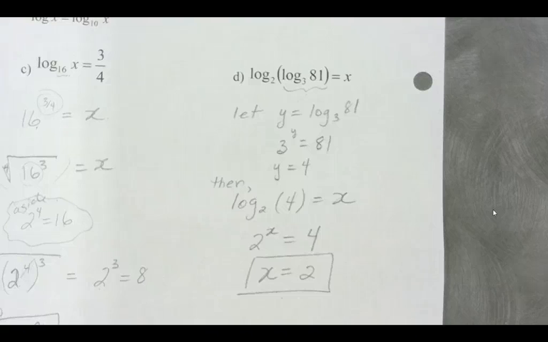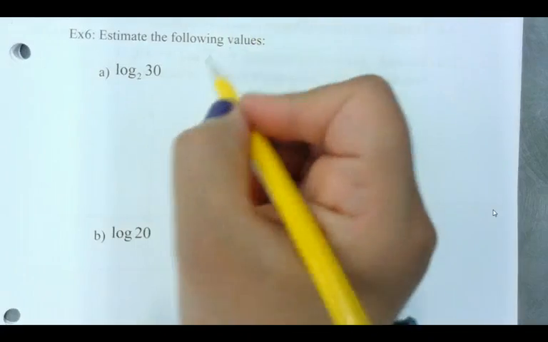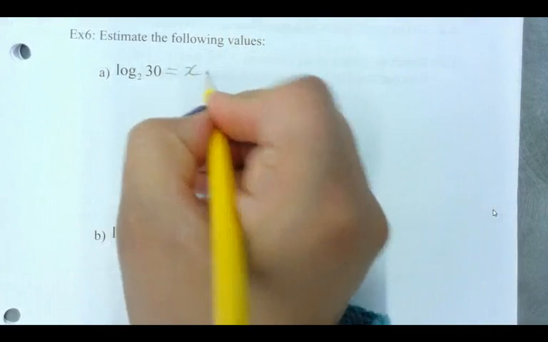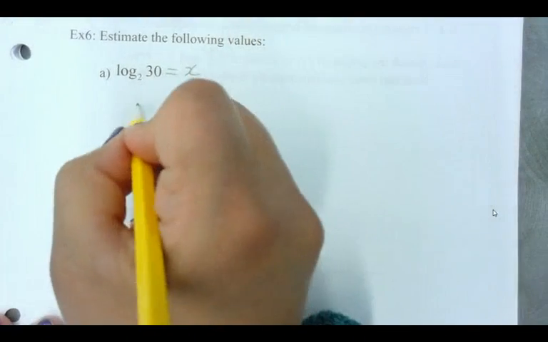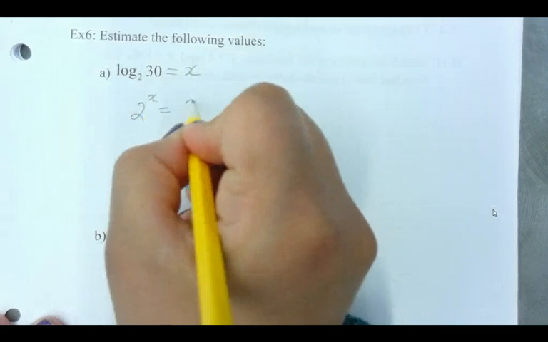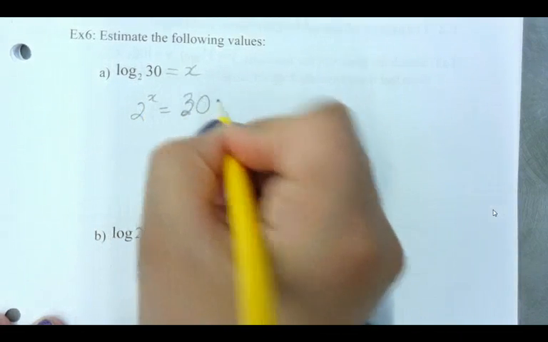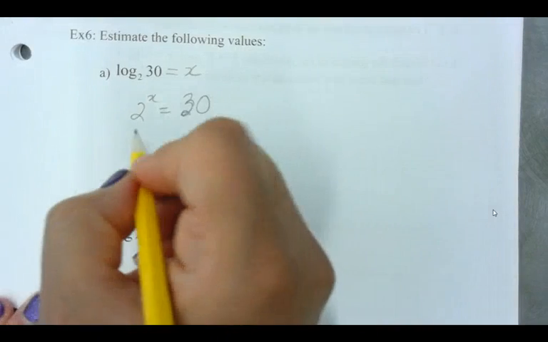All right, now for example 6, we're going to estimate the following values. Let's not use a calculator and let's try to do these questions. So it's log base 2 of 30. Let's say that it's equal to x so that we can rewrite it in exponential form. So 2 to the power of x is equal to 30. Well, what do we know?